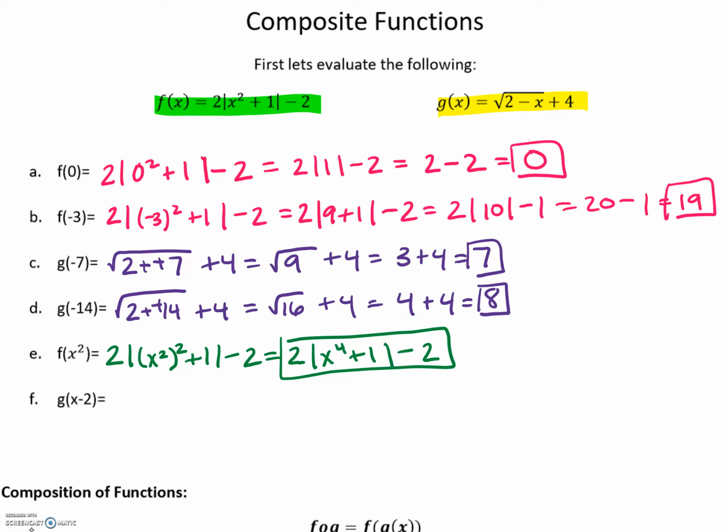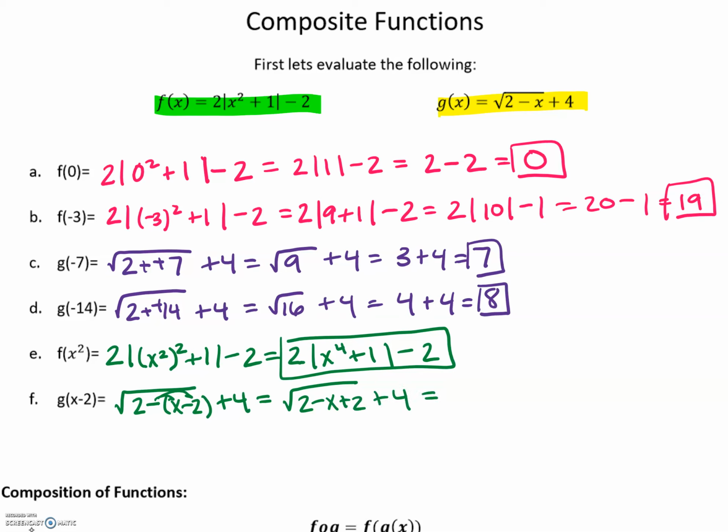Alright, let's look at F. g of x minus 2. So I'm going to go up to g. I start writing g. It starts with the square root of minus, there's an x, so I replace that with an x minus 2, and then the plus 4 on the outside. Now to simplify this, you're going to have to distribute that negative. So when I distribute the negative, I get minus x plus 2 under the radical, with the plus 4 on the outside.